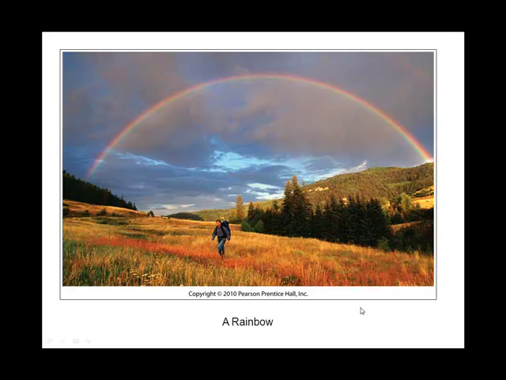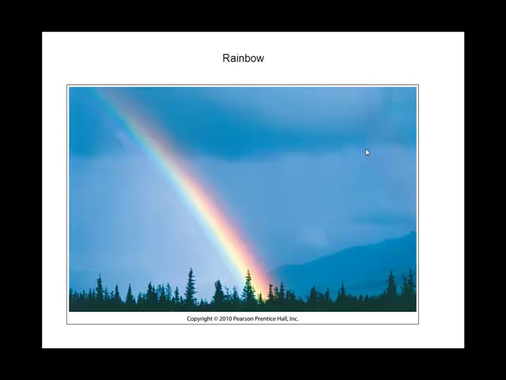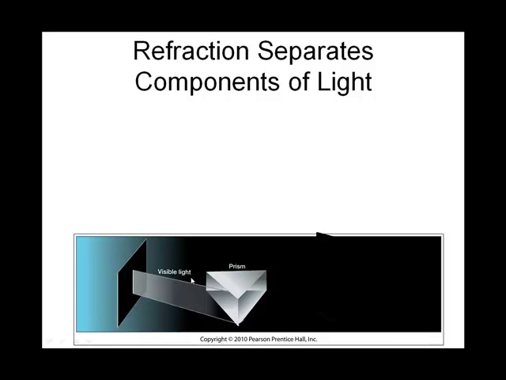There you go. Isn't that beautiful? Rainbows totally rock. So again, you see the red on the outside, the violet on the inside for the primary rainbow. Red on the outside, violet on the inside. Just a part of a rainbow.